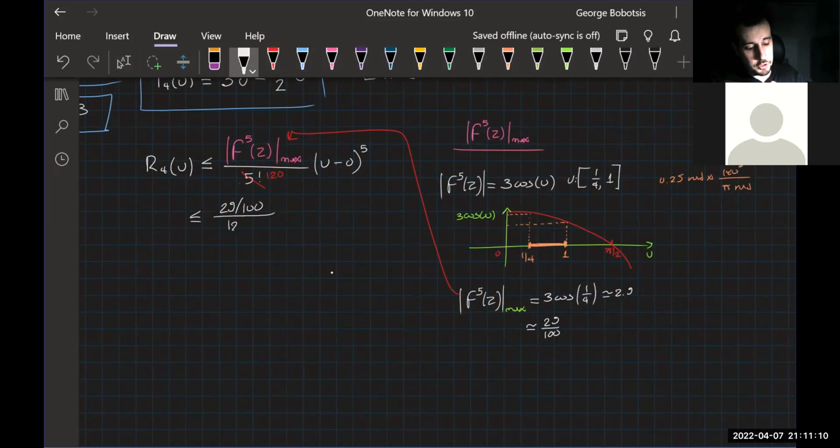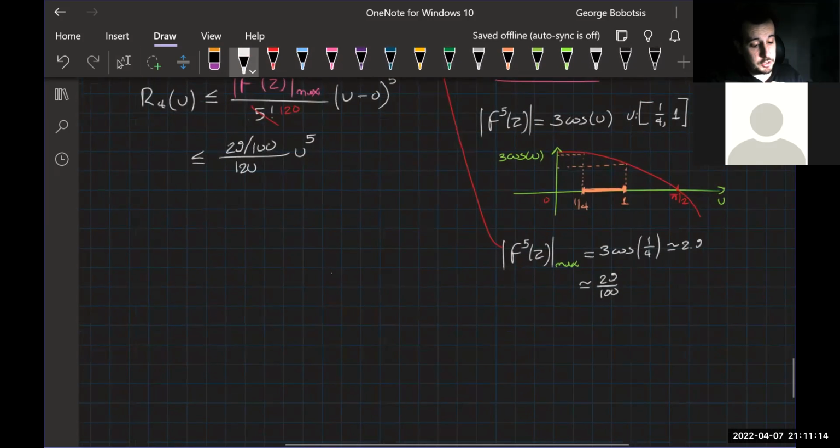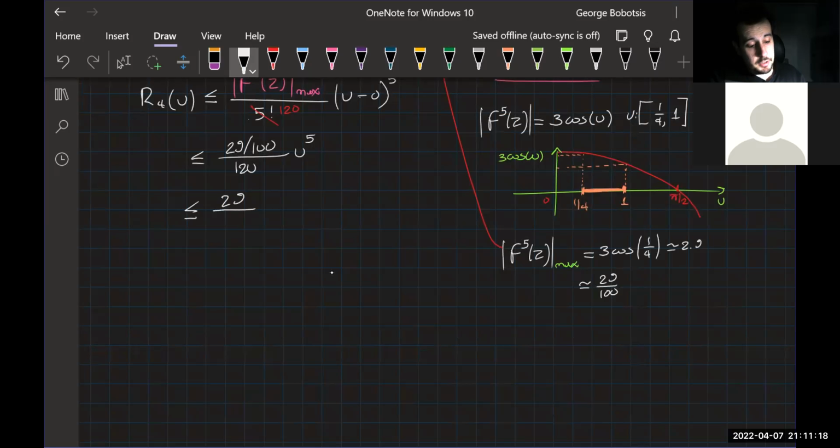The bottom is 120, and this is u to the fifth. So we've got in total 29 over 100 times 120, which is 12,000, and then u to the fifth. There we have it. That is our error.